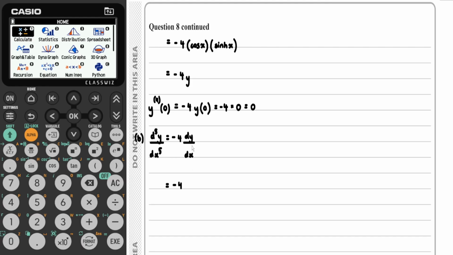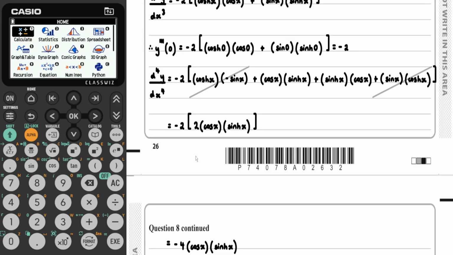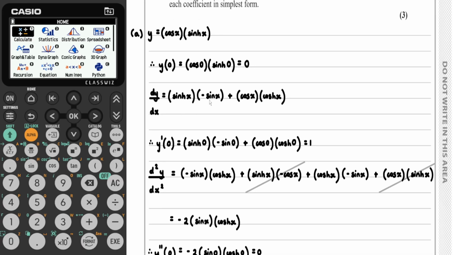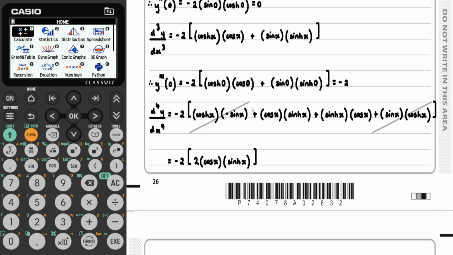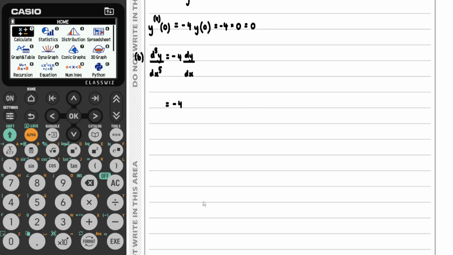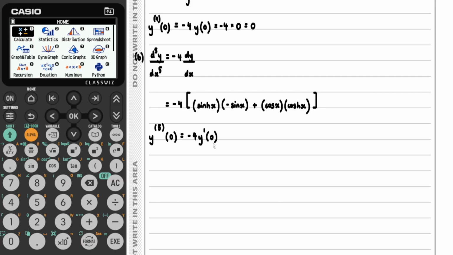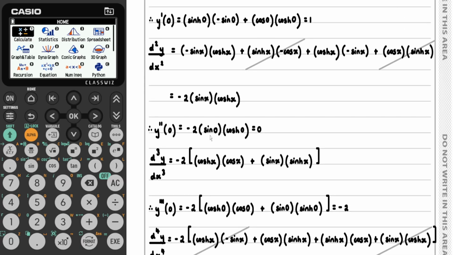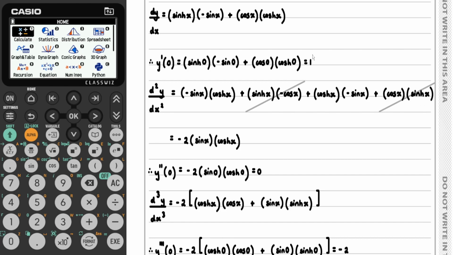So I've got negative 4 times dy over dx, and we've already worked out what dy over dx is, that's shown here. So I've got negative 4 times hyperbolic sin x times negative sin x plus cos x times hyperbolic cos x. And now if I find the value of the fifth derivative when x is 0, I've got negative 4 times y dash of 0. Y dash of 0, I know that is equal to 1.